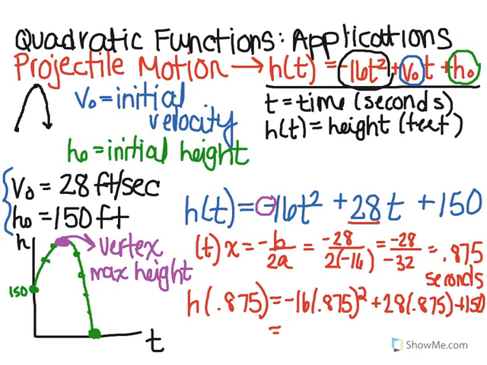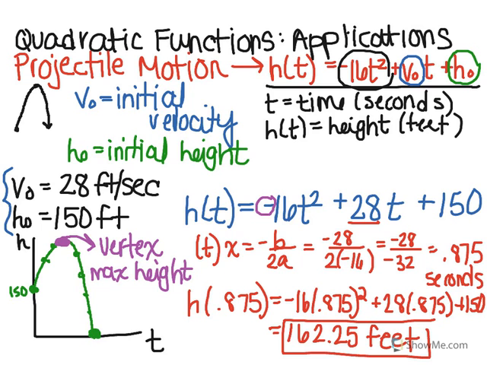Once we calculate that, you should end up with about 162.25 feet. So the maximum height the object would reach would be about 162 feet, and we know that it would reach that maximum height after 0.875 seconds.